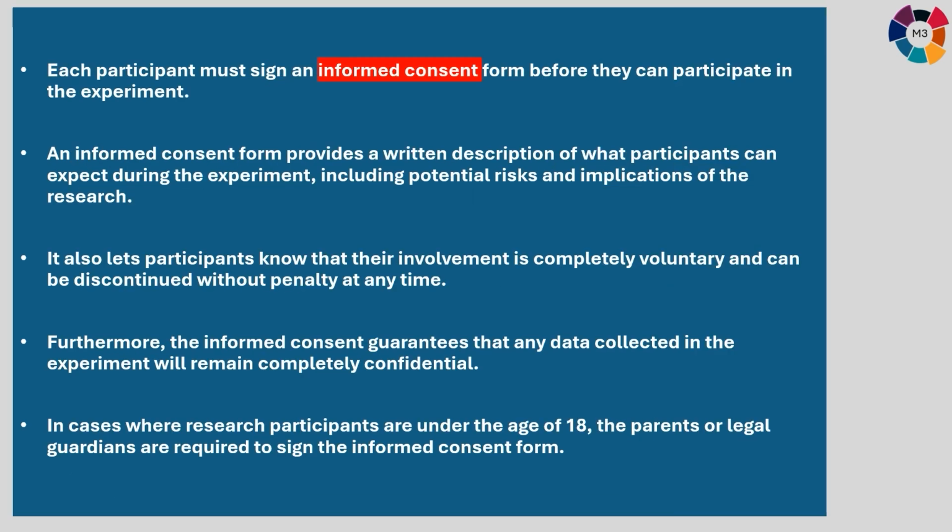Each participant must sign an informed consent form before they can participate in the experiment. An informed consent form provides a written description of what participants can expect during the experiment, including potential risks and implications of the research.